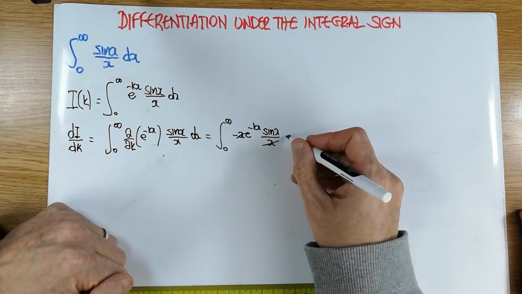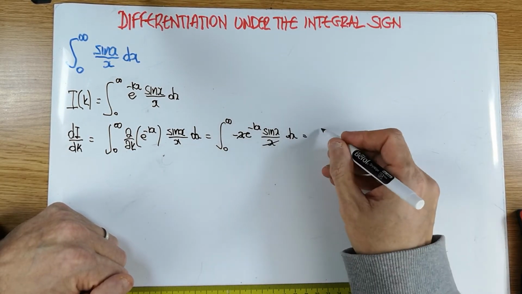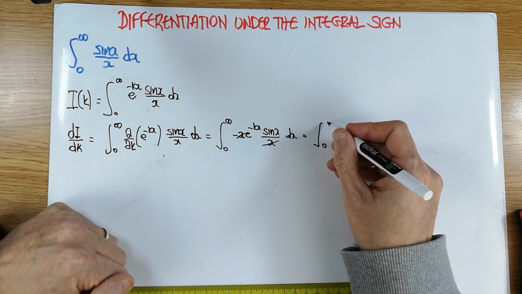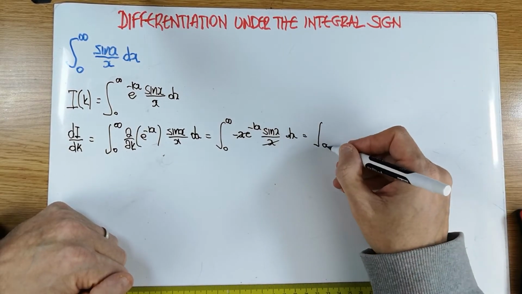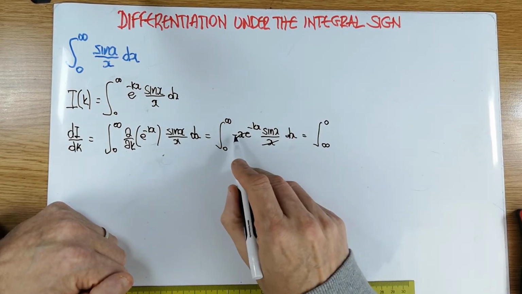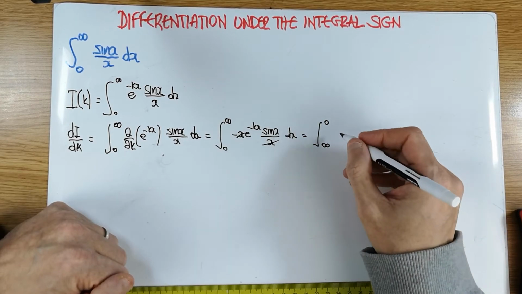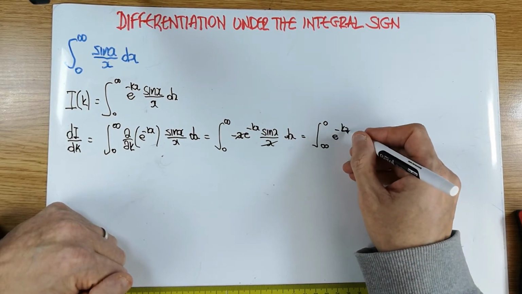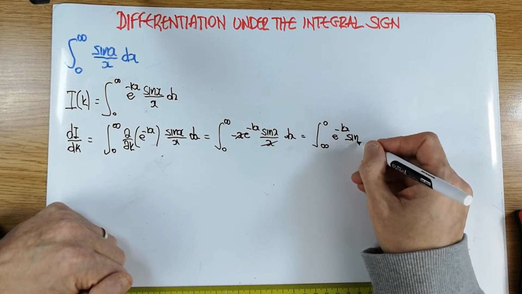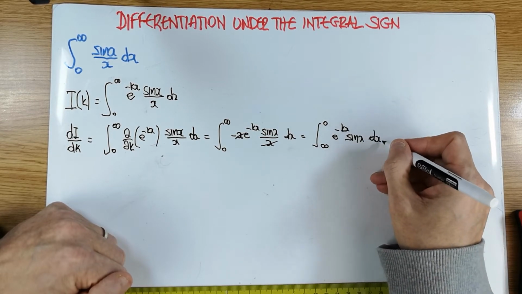The x's will cancel, and we have the integral. I'll have a minus, so I'm going to reverse the limits to allow for this minus so I don't lose it somewhere along the workings. E to the minus kx sine x dx.